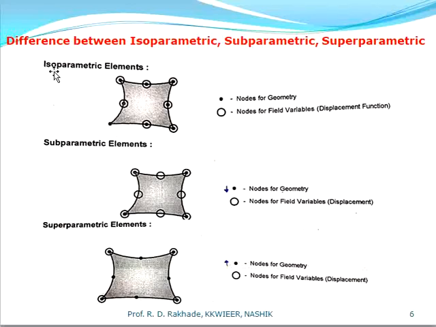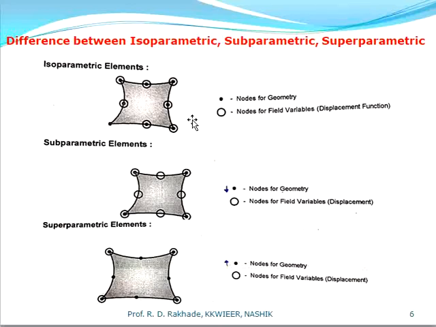So in an isoparametric element, the only condition is that the function used to define the geometry of an element and the function used to define the field variable of an element are the same. In short, if the geometric field and variable field are the same in an element, that element is called an isoparametric element.